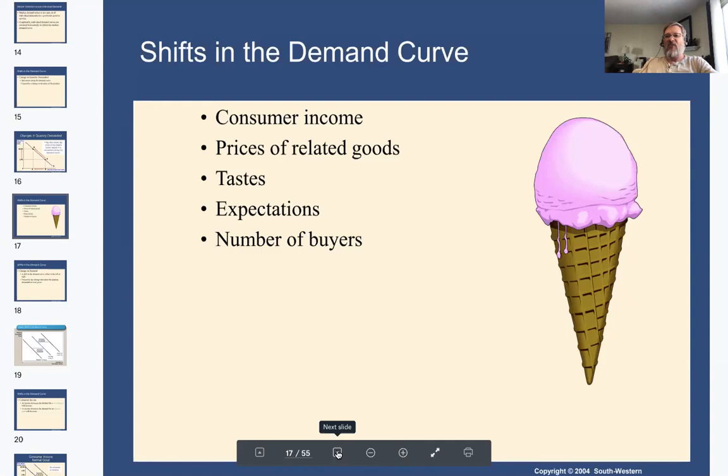And if there's a big storm that hits Florida and they know it's going to destroy a lot of the orange crop, then they know orange prices are going to be going up. And so, sure enough, you'll see there's an increase in demand to get the orange juice now. And it drives up current prices too, but it's because of this expectation about what's going to be happening in the future with the price of the good.